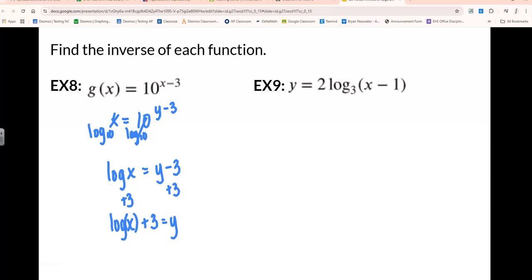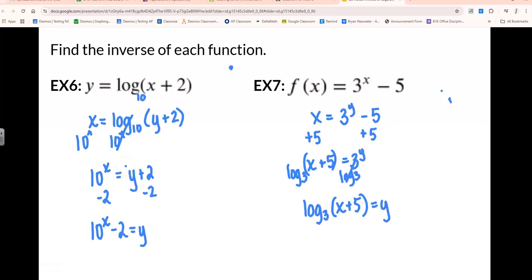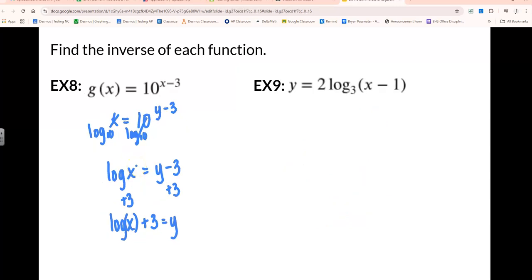Okay. Last one here, I think. This is the last one, right? Okay. All right. Abby, what should we do first on, well, after we switch X's and Y's? So X equals 2 log base 3 of Y minus 1. After we switch X's and Y's, what should we do first on this one? It's not going to be a base of 2.